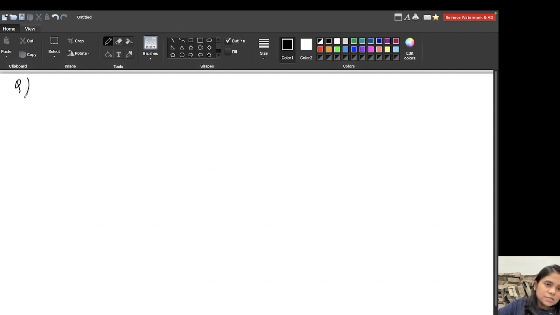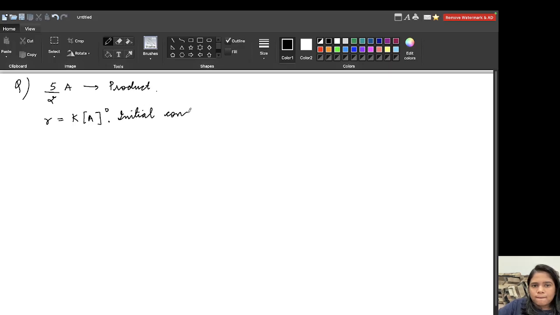The question tells you 5 by 2A is giving me product. Here my rate R equals K A raised to the power 0, and my initial concentration of A is equal to A naught.